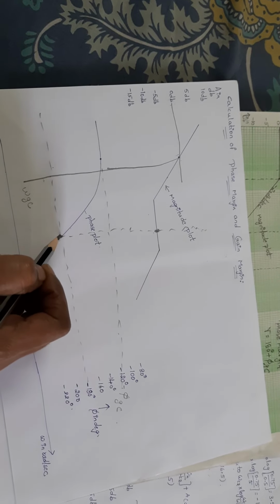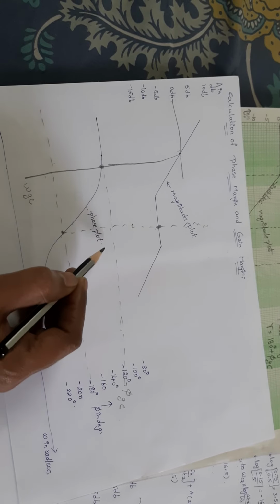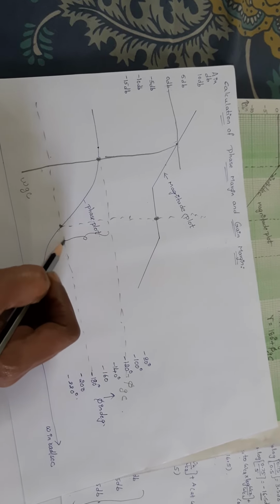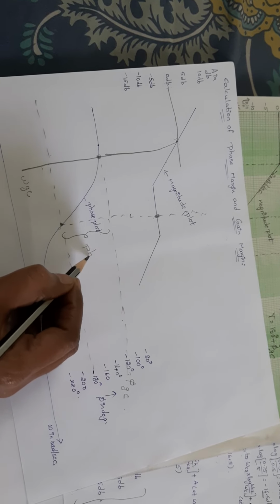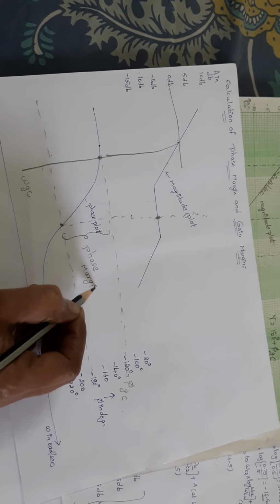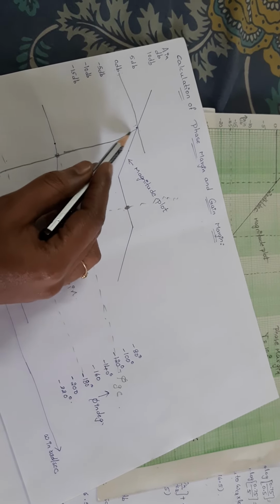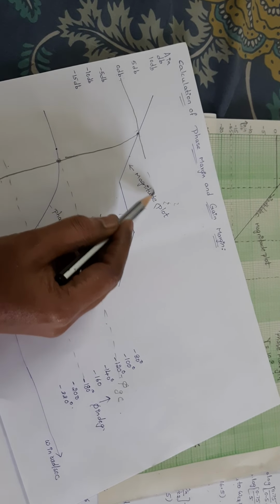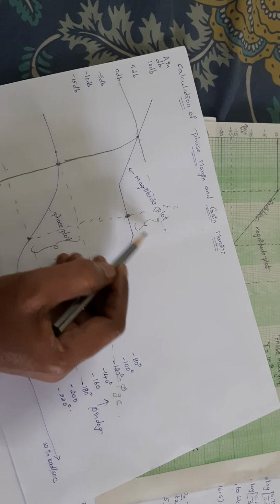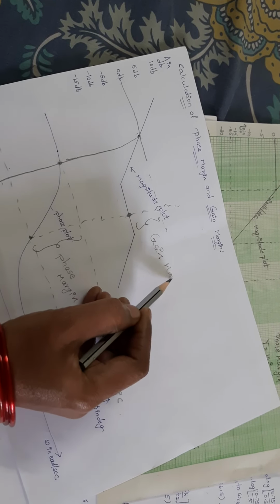See this value and this value, it gives the phase margin. And here this value and this value is going to give the gain margin.